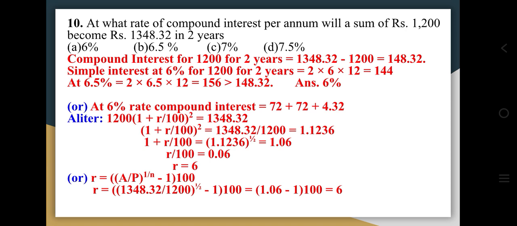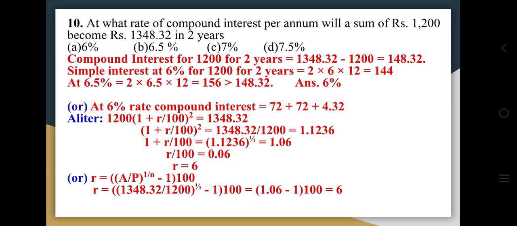And of course, we can verify that 6% is correct by calculating 6% compound interest. So for 1200, simple interest at 6% for 1 year is 72. So the first year compound interest is also 72. What is the second year compound interest? Second year compound interest is first year compound interest plus interest for first year compound interest.